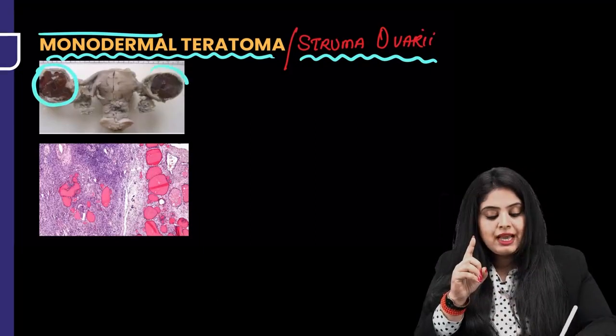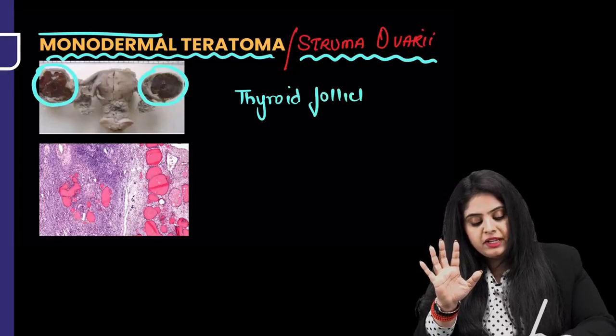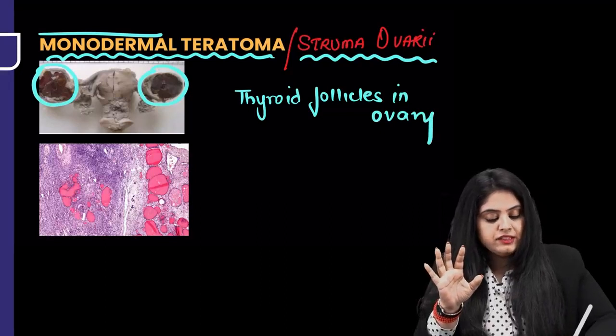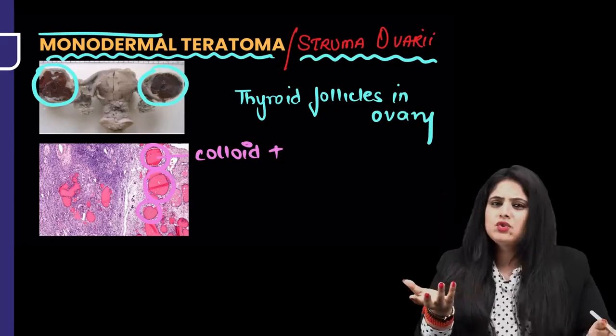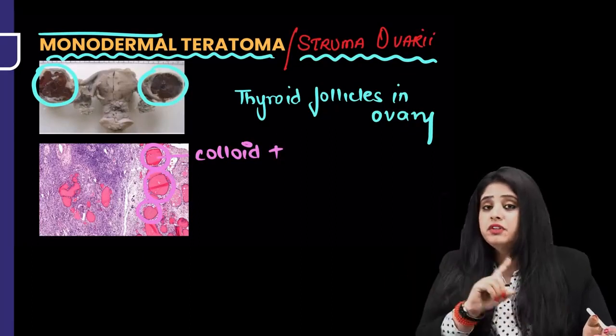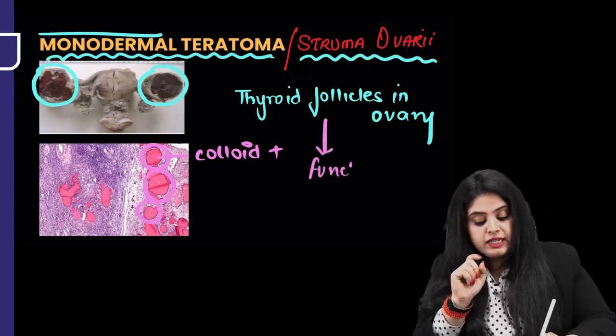The ovary has thyroid. That's it. There are going to be thyroid follicles that are present in the ovary. And again, many people believe, yes ma'am, I can see the round thyroid follicles and I can see the pink colloid also. So thyroid is just sitting in the ovary like a showpiece. No, it's not a showpiece. This thyroid is functional. It is going to produce T3 and T4.